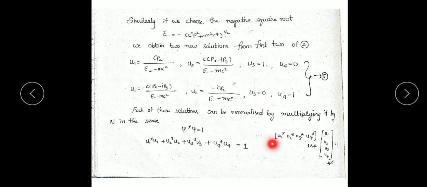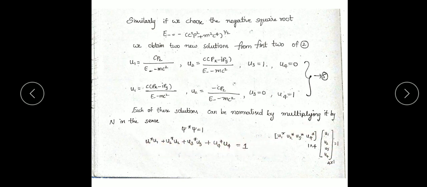It is u1 star into u1 plus u2 star into u2 plus u3 star into u3 plus u4 star into u4. Corresponding elements in this matrix, if you multiply and add up, that is nothing but matrix multiplication. So we would have this.